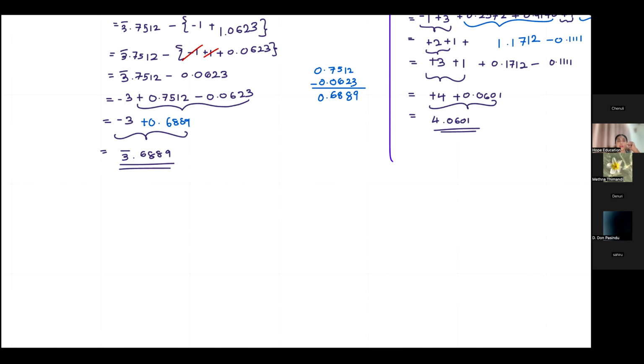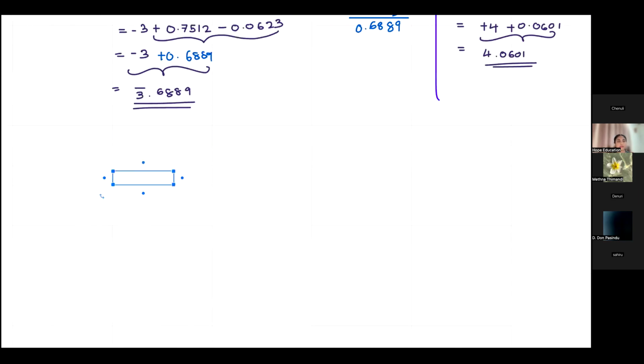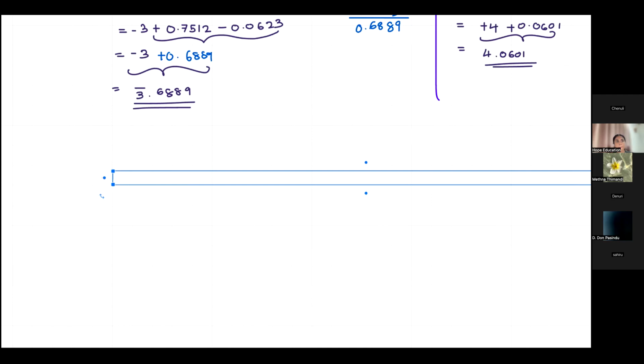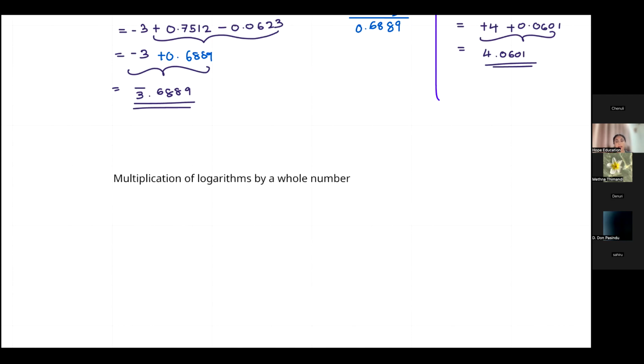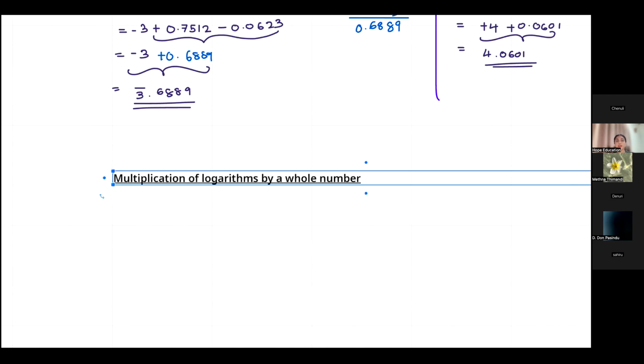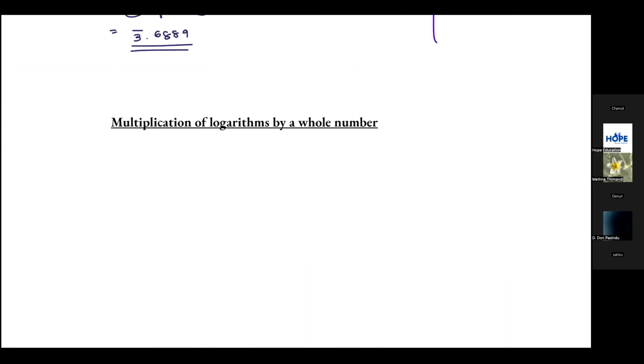I will put the topic on the board: multiplication of logarithms by a whole number. So now we are doing the multiplication and division part. So far we have been doing addition and subtraction only, right? So this is multiplication of logarithms by a whole number. The multiplication part is actually quite easy, so there's nothing much.